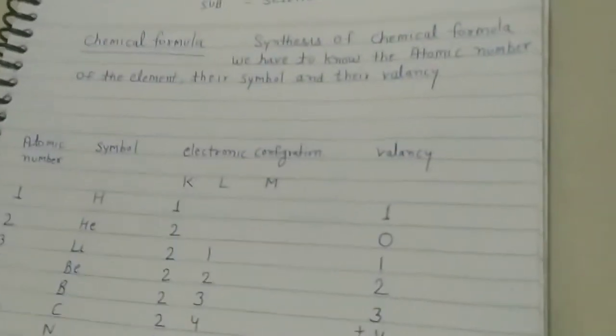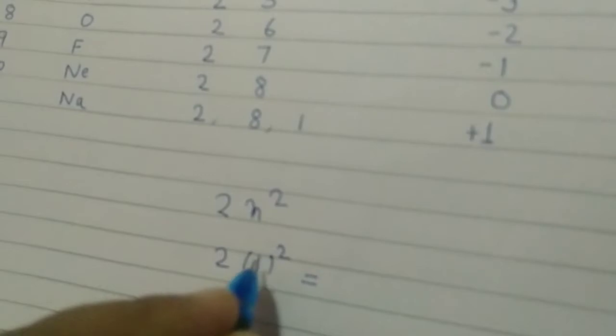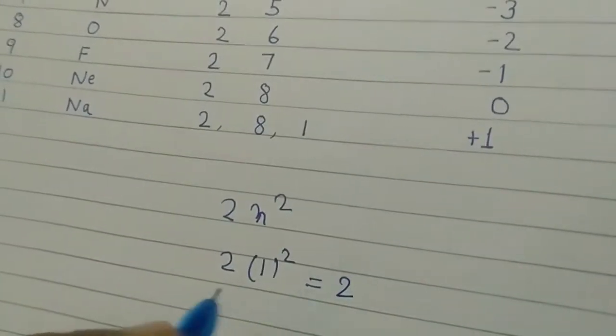Electronic configuration is determined by the formula 2n square, where n is the number of the shell. If the shell number is 1, then 1 square is 1, and 1 into 2 is 2.